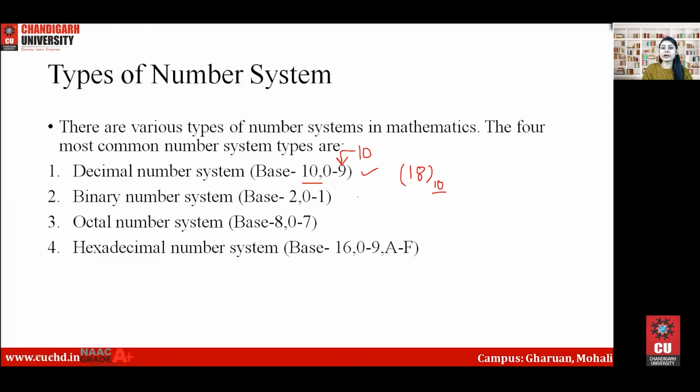Because if I write this number, let's suppose 101, the number 101 can fall under the category of decimal also, and it can count under the category of binary also. But what describes the base of this number? If written as 2, it becomes a binary number. Instead, if I write 101 and I write its base as 10, in that case, it will become a decimal number.